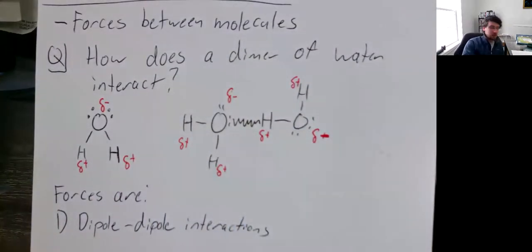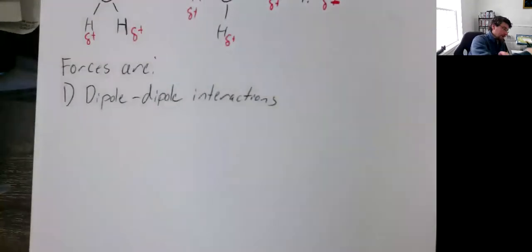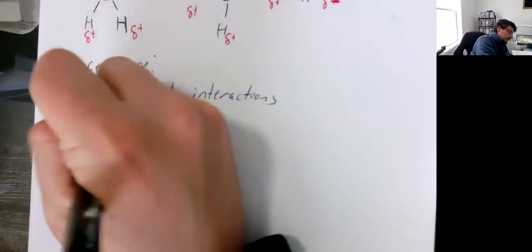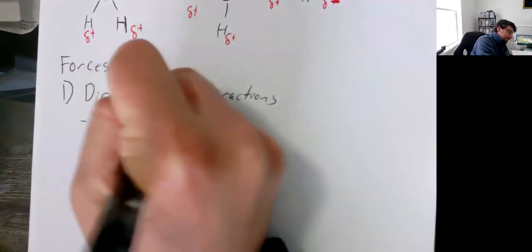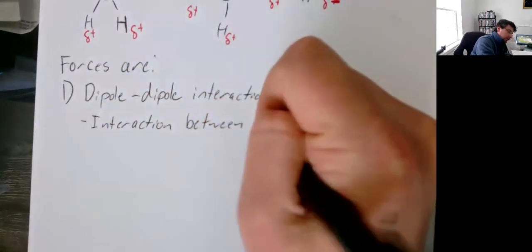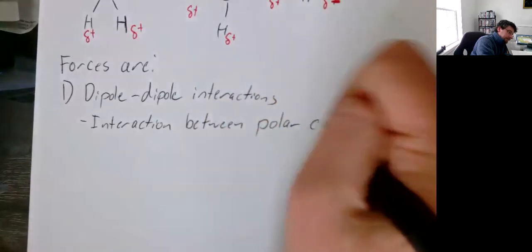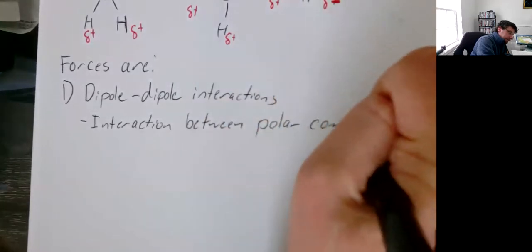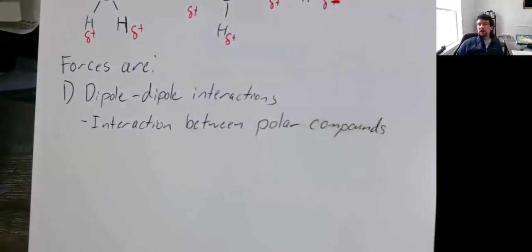These are interactions between polar compounds, where the dipoles interact with one another. They try to cancel out an overall charge, essentially. They're trying to have the energy of the system be as low as possible.